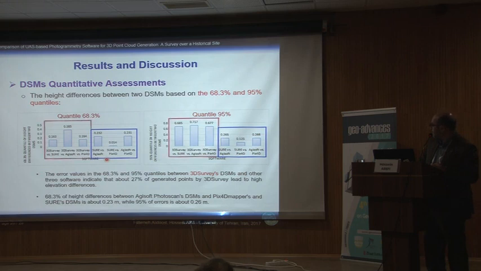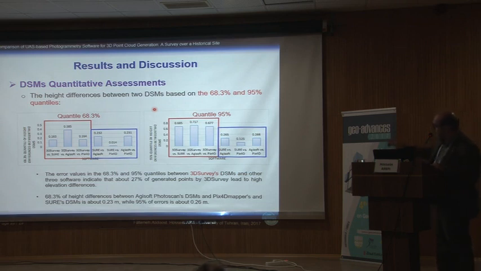If we compare the error value in the 68% and 95% quantiles between 3D survey, these 2 red boxes, and the other 3 software, it indicates that about 27% of the points generated by the 3D survey lead to high elevation differences.